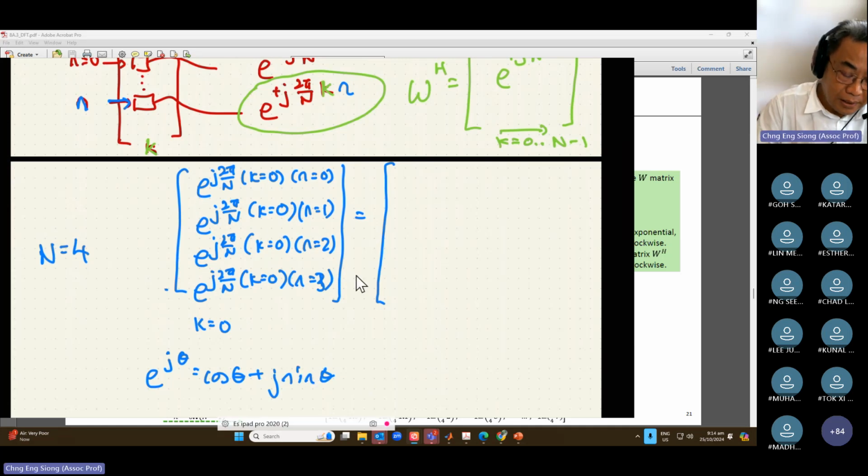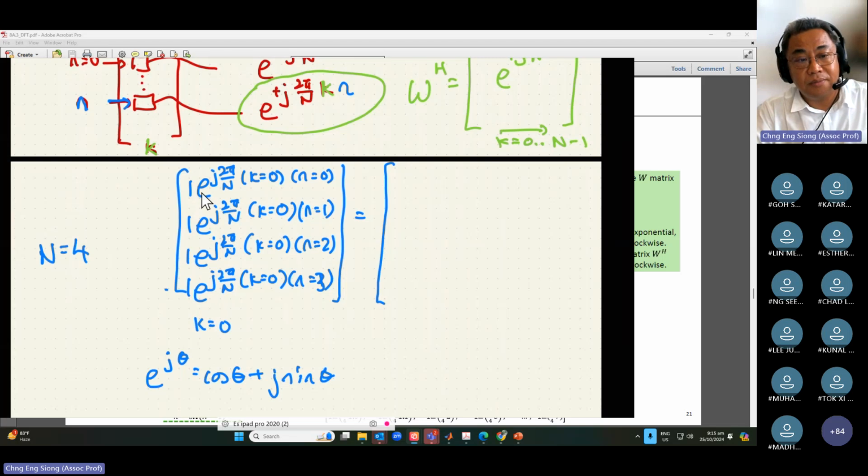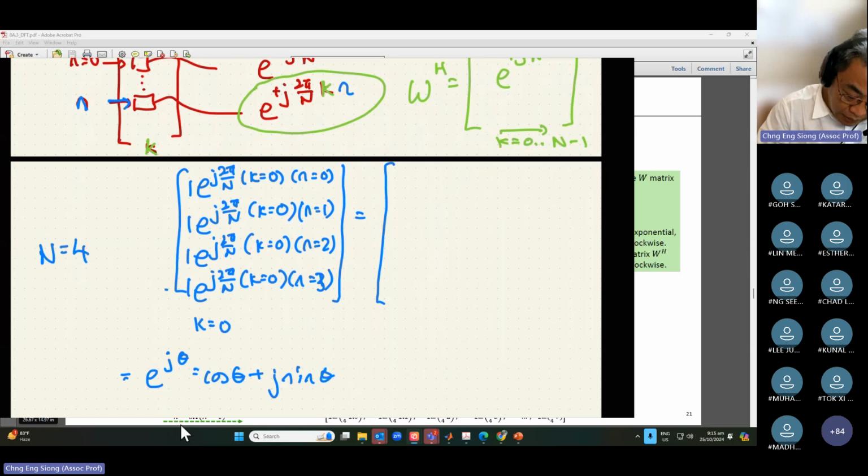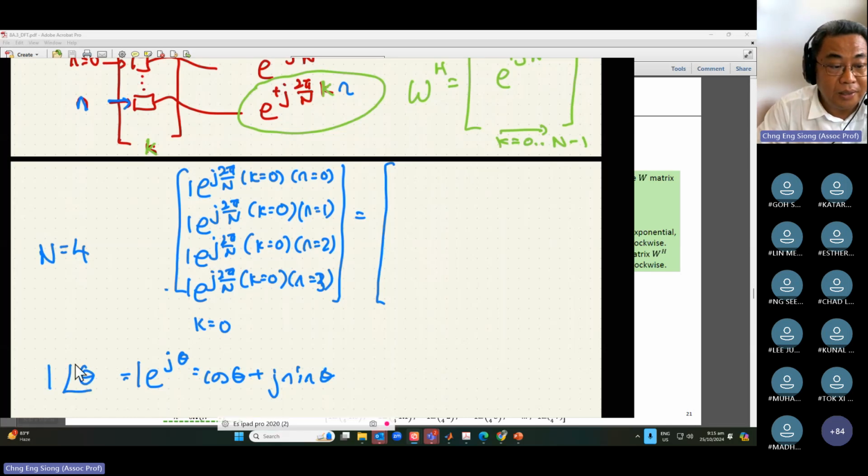Now, what is the amplitude of this complex phasor? They all have amplitude 1, right? In fact, I never like to write things in rectangular format because it's impossible to see. Instead, I prefer to write 1 angle θ.